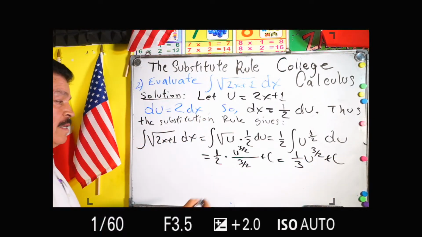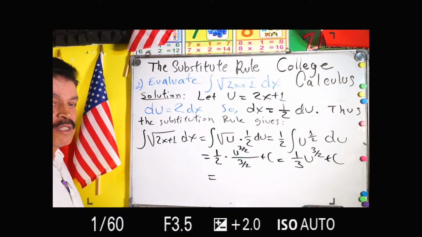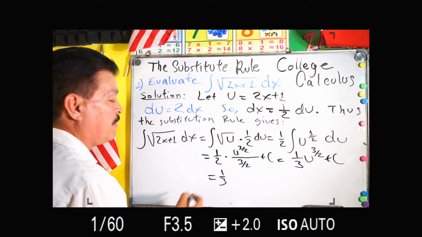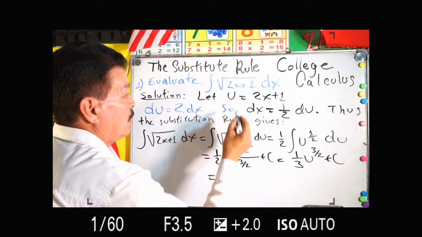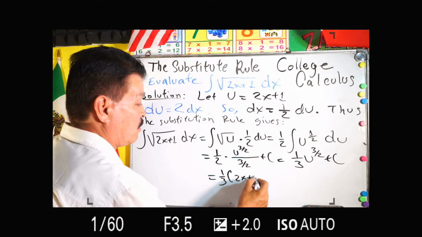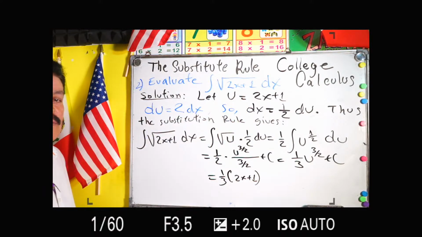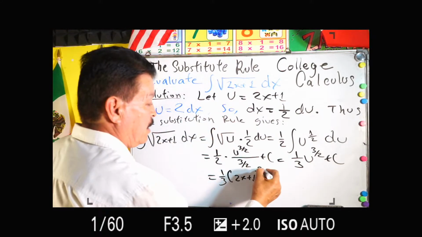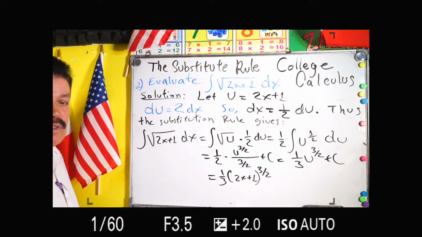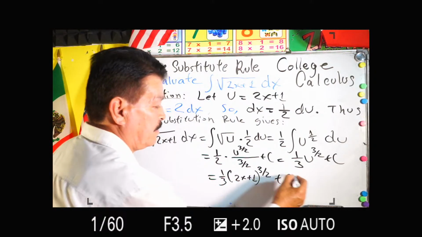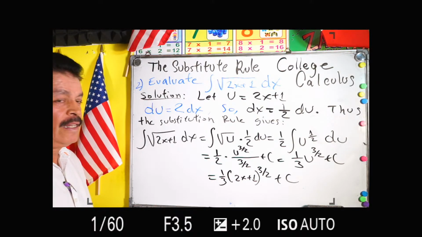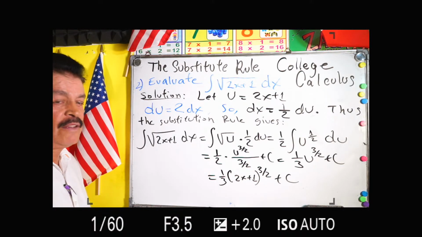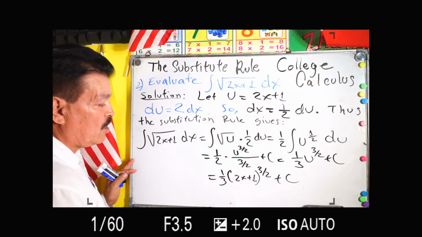The simple way to write it is 1/3 of (2x plus 1) to the 3/2 power plus c. So this is solution 1.